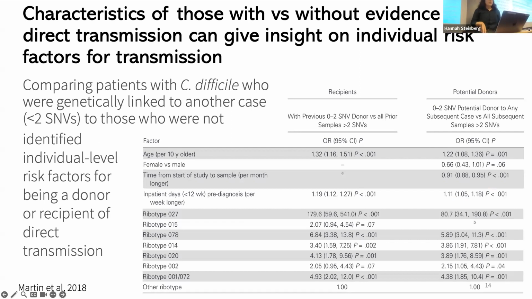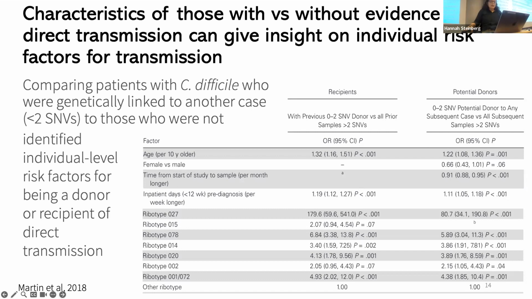Here's another example of that second method that I described, where they look at characteristics of those with versus without evidence of direct transmission within a facility. This time they're looking at Clostridium difficile, which is another bacterial infection common in healthcare systems. And again, they defined a direct transmission link as fewer than 2 single nucleotide variants between a potential donor and a recipient of this infection.